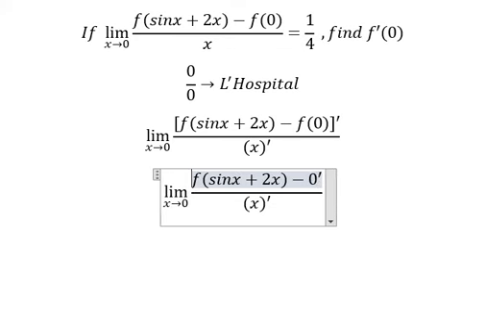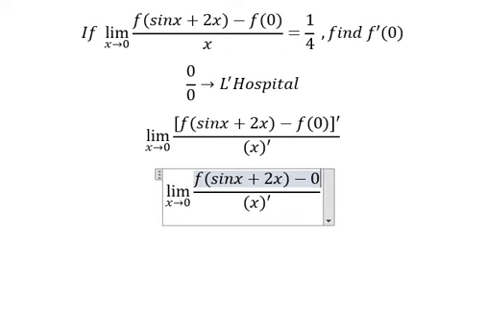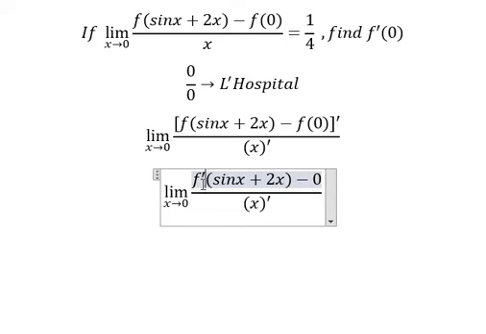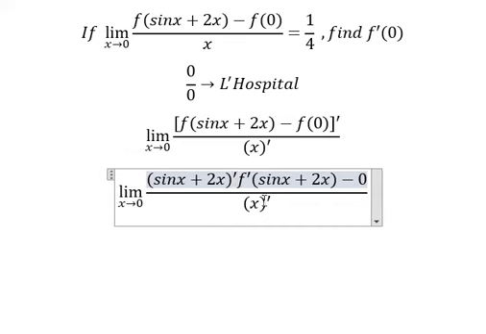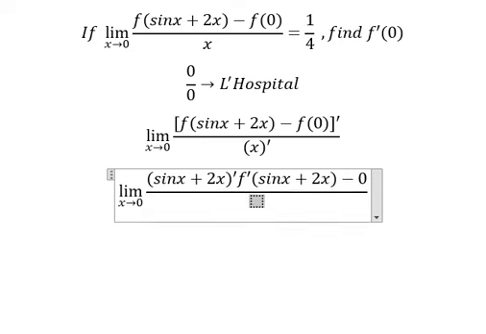Now, if I take the first derivative of this one, you will have the first derivative of f of sin x plus 2x. Inside the function, we still have sin x plus 2x. We continue to take the first derivative of sin x plus 2x. This one you get number 1.